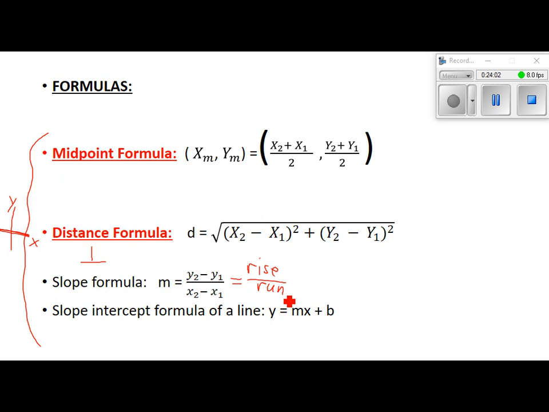That's why I put this one on there. This is actually the slope-intercept formula of a line. This is the formula of a line. This is just to find the slope of a line. Two different things. So next time somebody asks you for the slope formula, don't say y equals mx plus b. That's slope-intercept form of a line, of a linear equation.